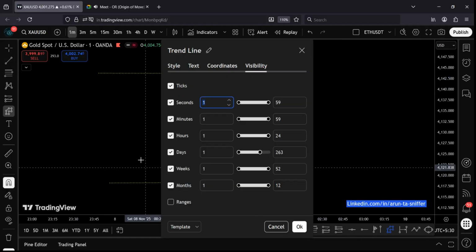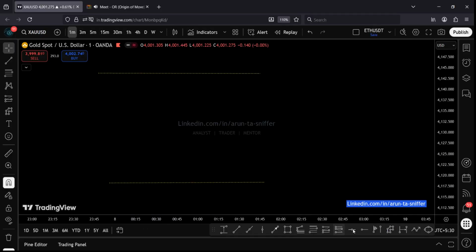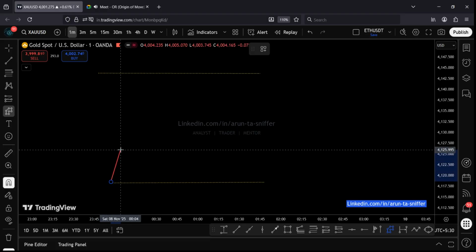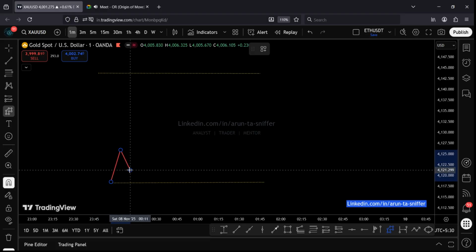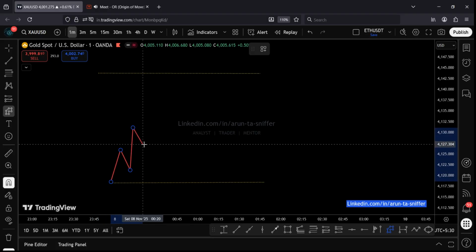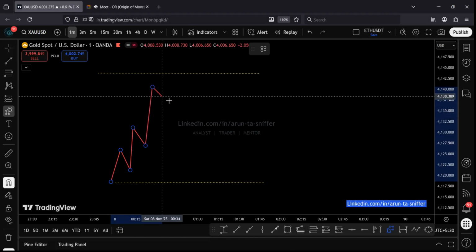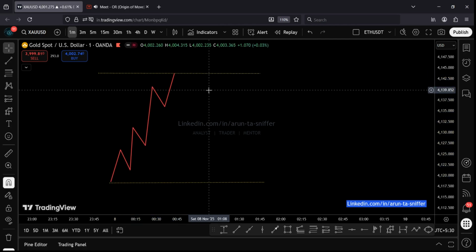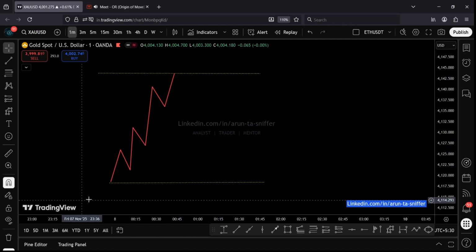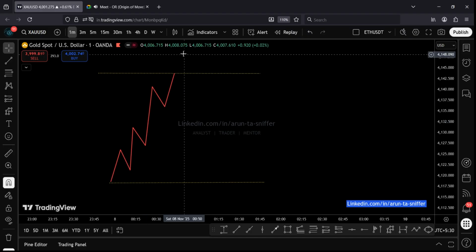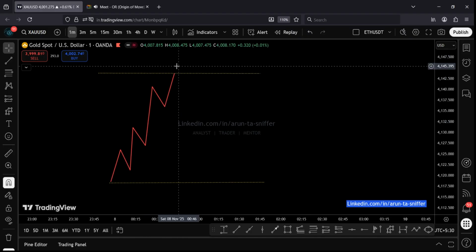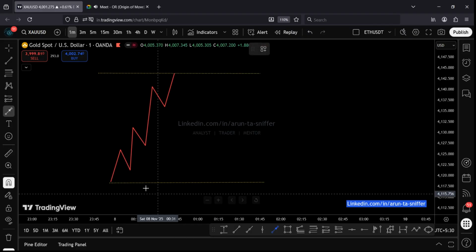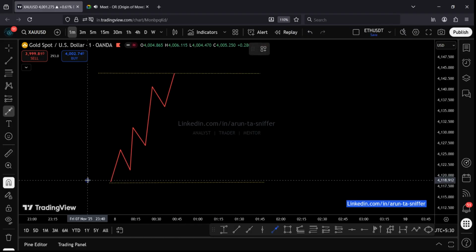How will it go? It makes a high, low, high, low, high, low, and reaches this level. So from this point to this point, bottom to top, this was the move, right? This was our move from here to here.